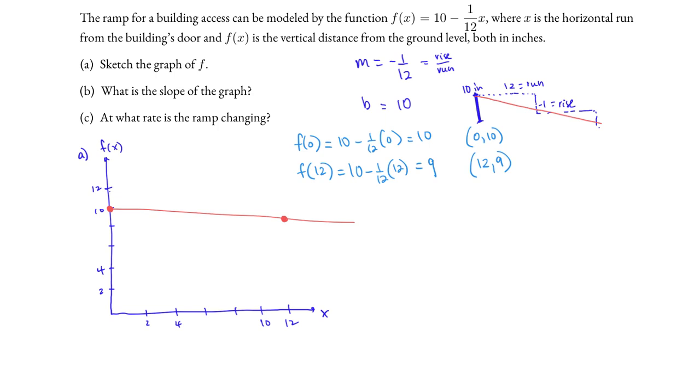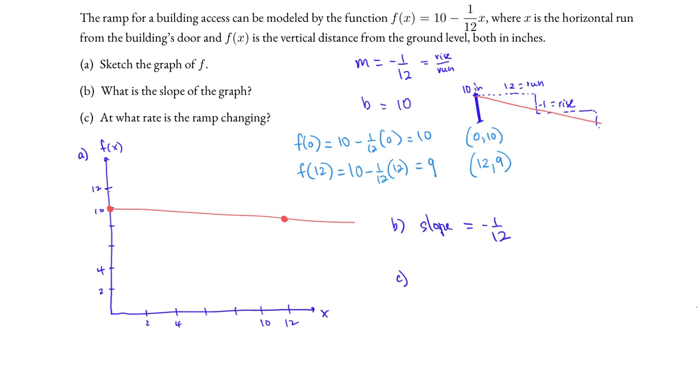What is the slope of this graph? The slope of the graph is negative 1 over 12. That means for every 12 units out, we would go down 1 unit. At what rate is the ramp changing? Well, the rate is the slope, so we just simply interpret it.